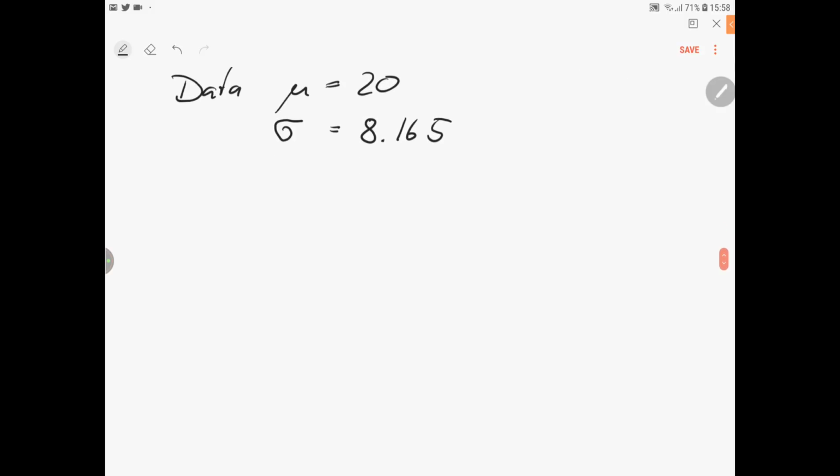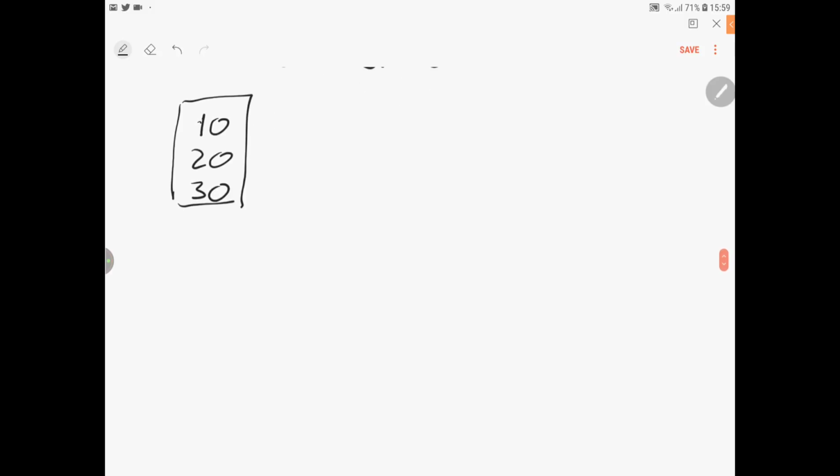So now what happens if we look at our data from a slightly different point of view? So we have 10, 20 and 30, and we say, okay, we've done this experiment, whatever this experiment was, we've done that 3 times and we got 3 observations.